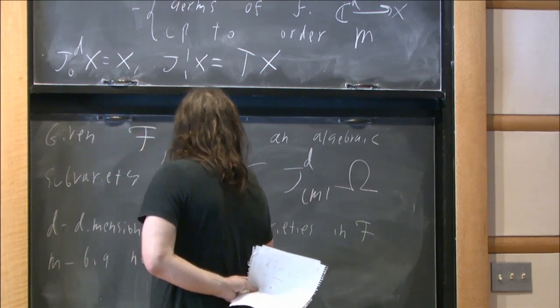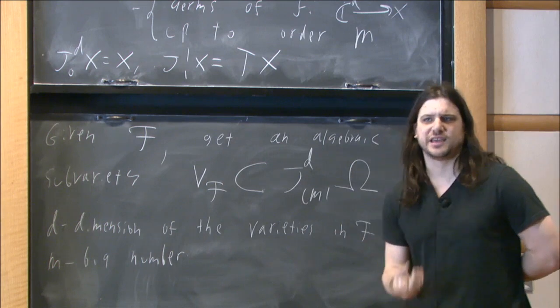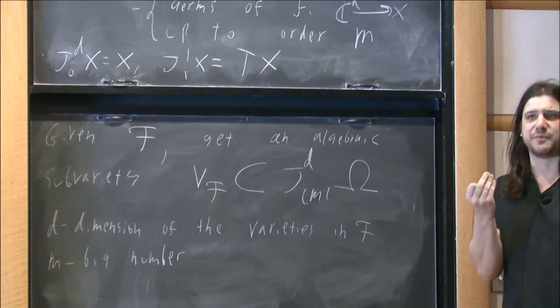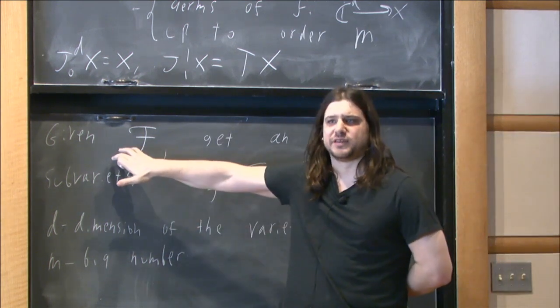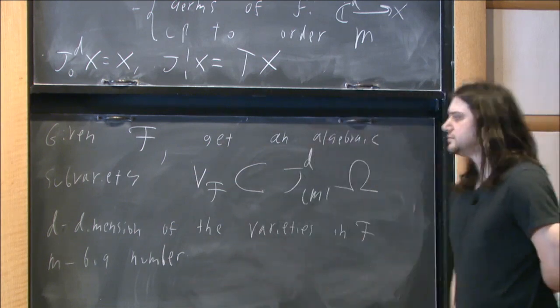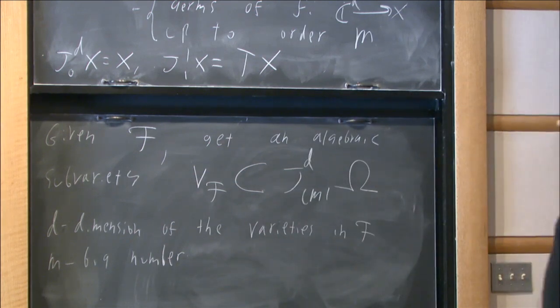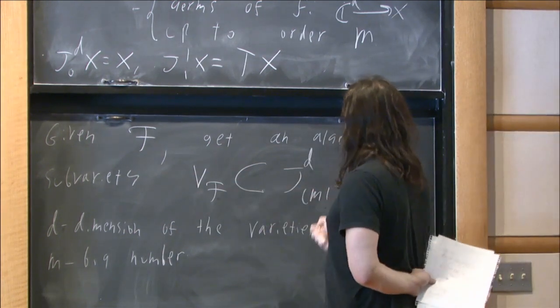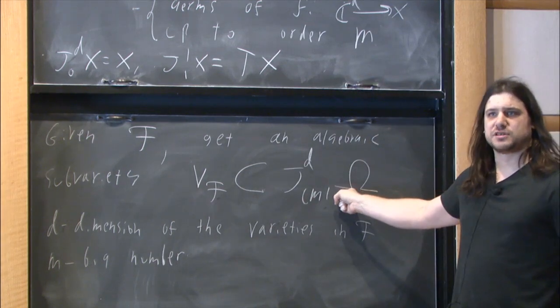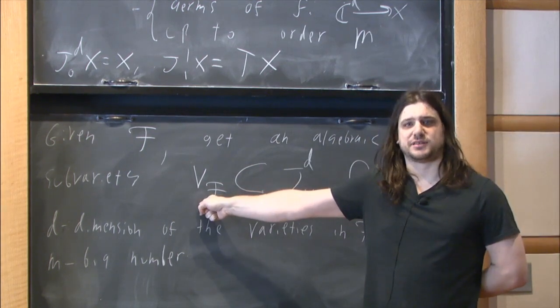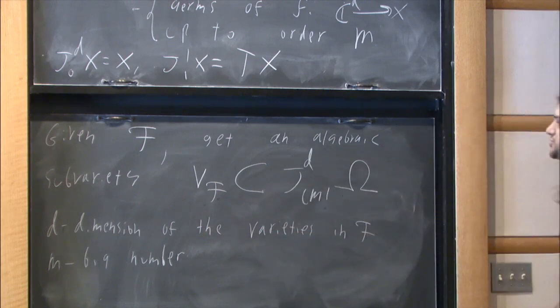In particular, you want m to be big enough such that the infinitesimal structure to order m at a point determines which guy you are in F. It's not hard to show you can do that, just some Noetherianity argument. And what is the subvariety? Well, it's literally those germs to order m which land in something contained in F. So this is an honest-to-God algebraic thing.